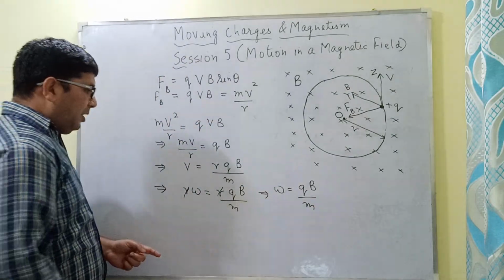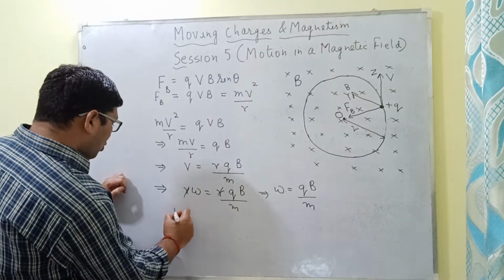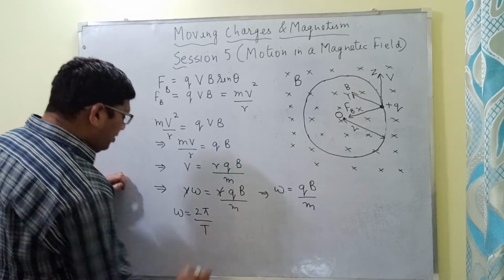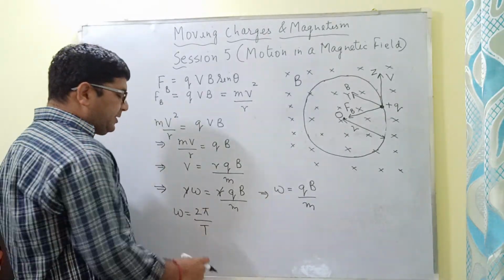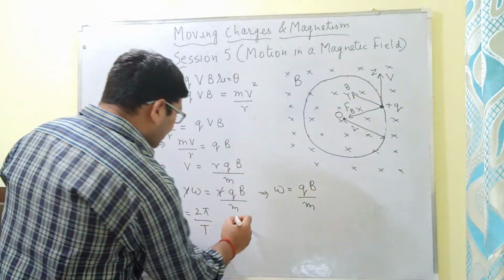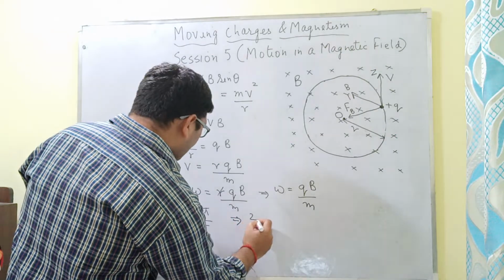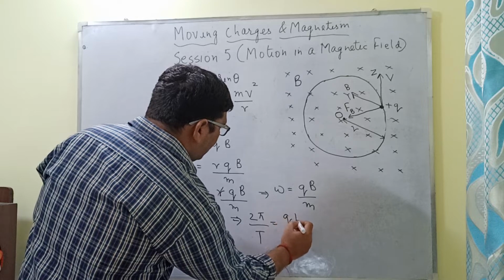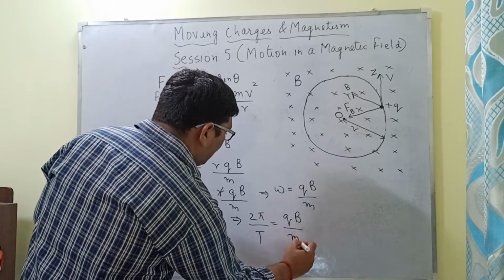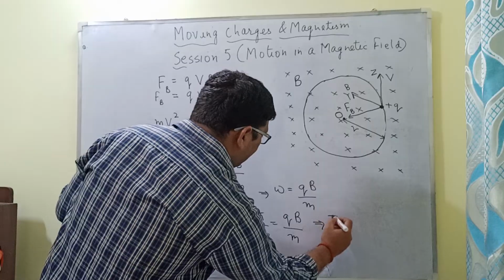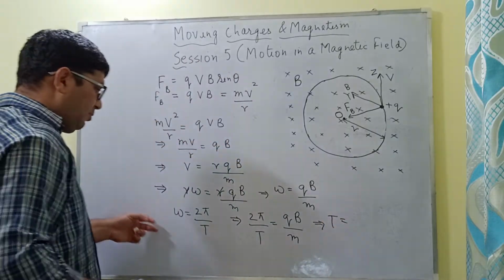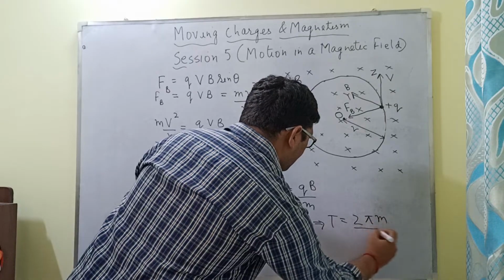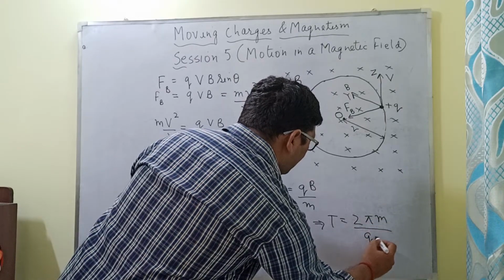Now we also know that omega is equal to 2 pi upon t, where t is the time period, that is the time taken to complete one revolution. So 2 pi upon t is equal to qb upon m, or it implies that t, the time period, will be equal to 2 pi m divided by qb.